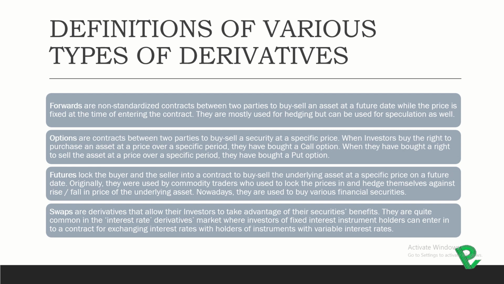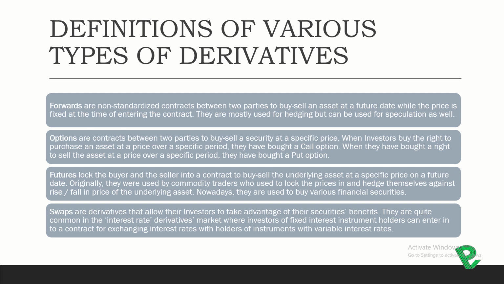Futures lock the buyer and the seller into a contract to buy/sell the underlying asset at a specific price on a future date. Originally, they were used by commodity traders who used to lock the prices in and hedge themselves against a rise/fall in prices of the underlying asset. Nowadays, they are used to buy various financial securities.